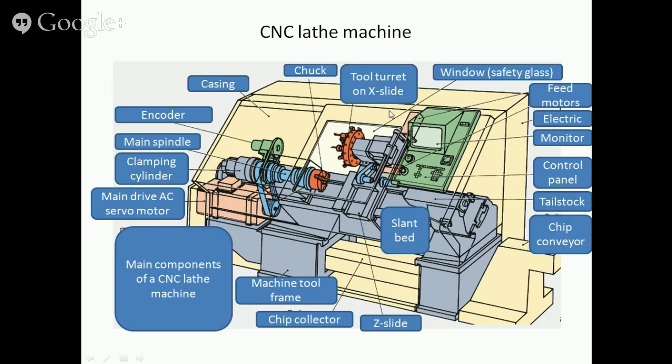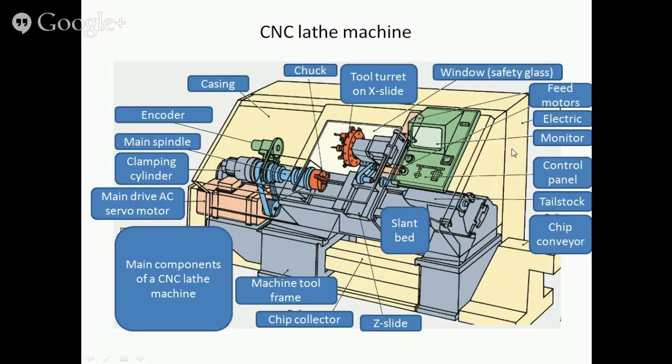At 12 o'clock, we have the tool turret. This is the tool turret, which is fixed to the X slide. The sliding door, to open and close, is equipped with a window out of safety glass. Then we've got feed motors for X and for the Z slide.